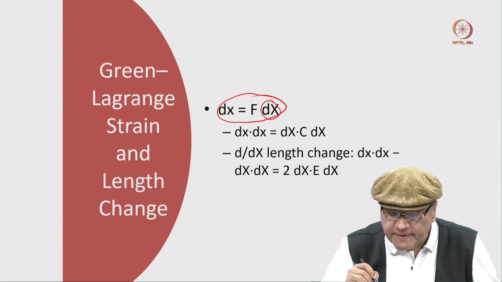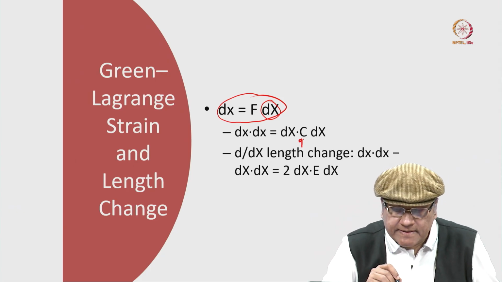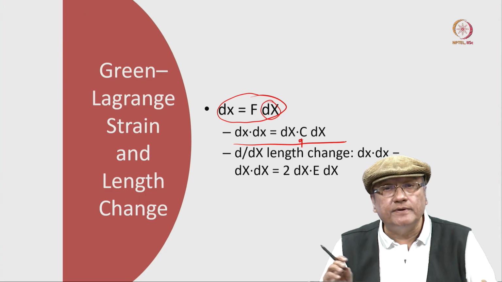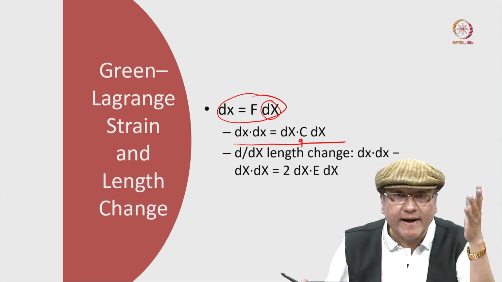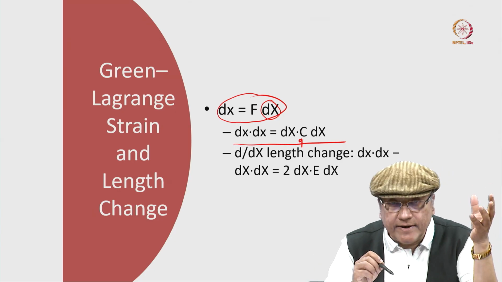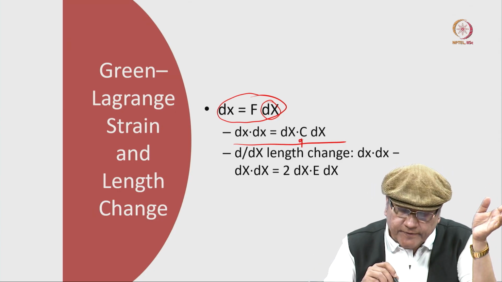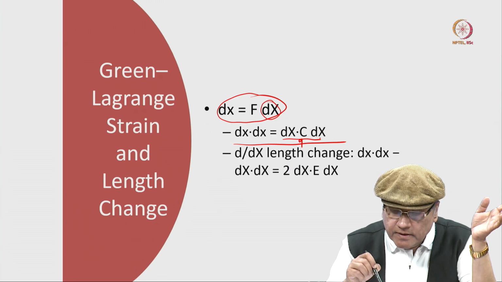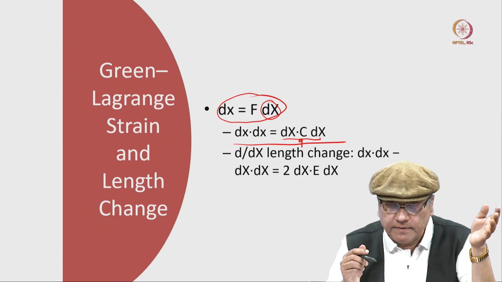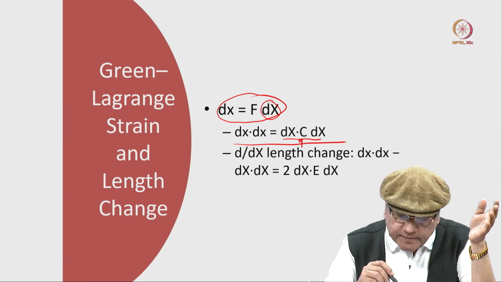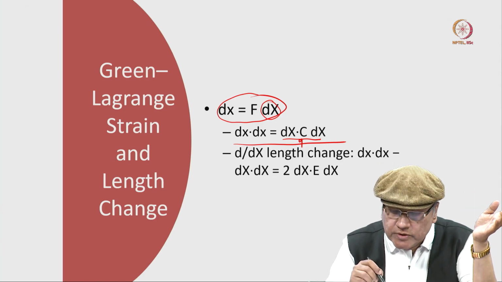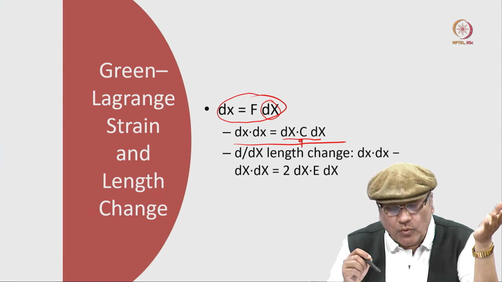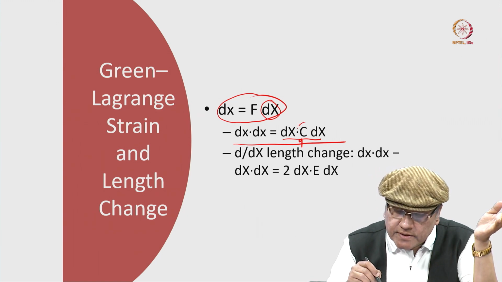So F transpose F being C, we can see that this is the representation of the squared infinitesimal length in the spatial configuration. The squared length change is related to the same quantity in the material configuration through this metric C, right.